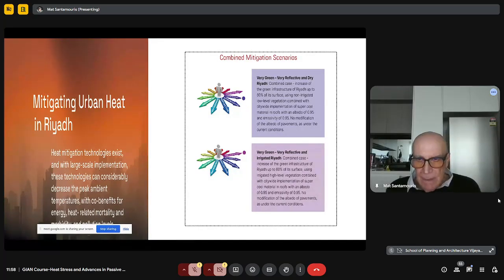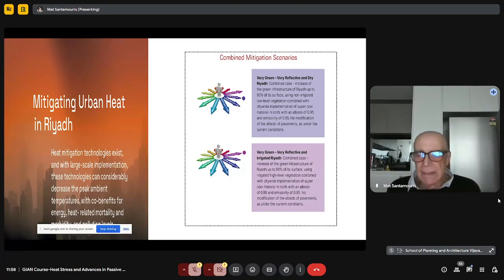And then when we had the results, we saw that it is much better if we combine the use of supercool materials together with greenery: supercool materials with dry greenery, and supercool materials with irrigated greenery.